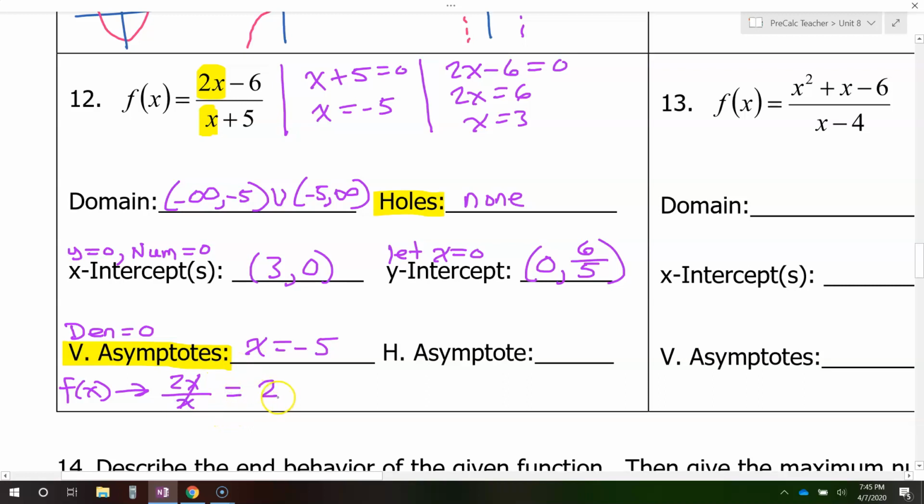So that tells you that your horizontal asymptote is going to be y equals 2. Anytime this turns out to be a constant, like 2 or 0, that's a horizontal asymptote. If this were infinity, then we would say there is no horizontal asymptote. So that's it for number 12.